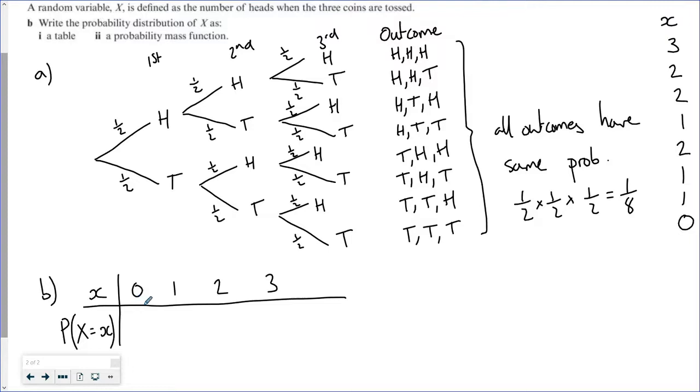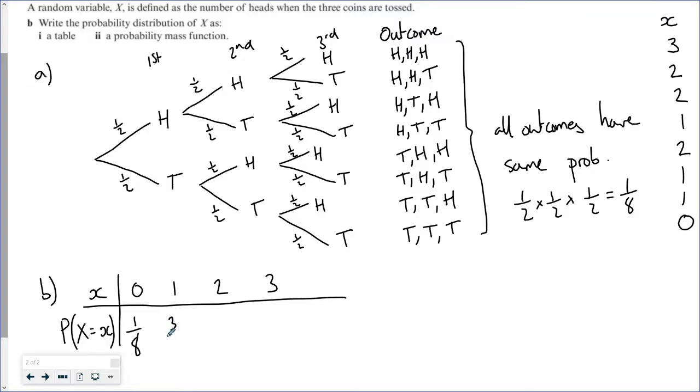Well, to work out the probability of having 0 heads, capital X being 0, there's only one outcome which has 0 heads. And we know that the probability of that outcome is 1/8. If we wanted the probability of there being 1 head, so capital X equals 1, we've got this outcome, or this outcome, or this outcome could happen. So you should know from the previous chapter that we've got 1/8 plus 1/8 plus 1/8.